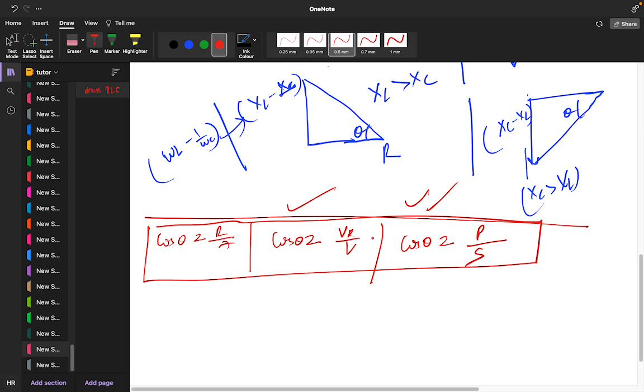Guys, if anyone has any doubt, they can ask. Prasanna, any doubt? Priyanka, any doubt? Vaishnavi, any doubt? Got it? Clear? Concept is clear? Lagging, leading concept is clear?